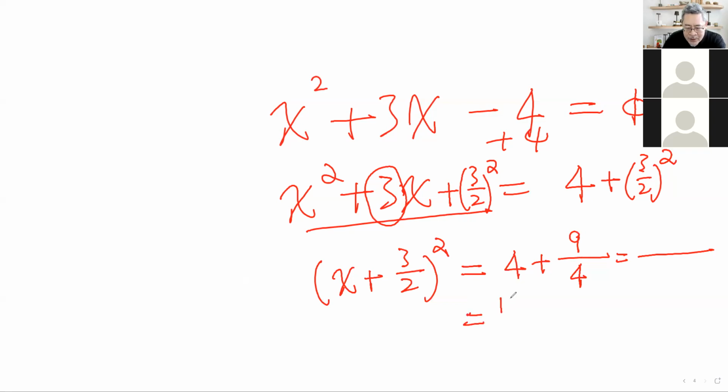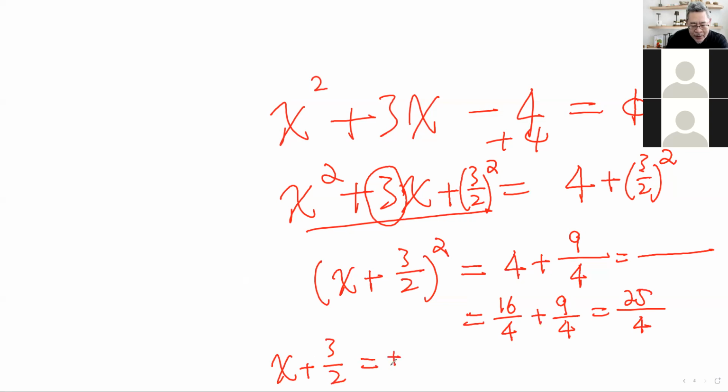So 4 is 16 over 4 plus 9 over 4. We got 25 over 4. Once we have that, we take the square root on both sides. We got x plus 3 over 2 equals plus or minus the square root of 25 over 4, which is plus or minus 5 over 2. Yeah, are we good here?